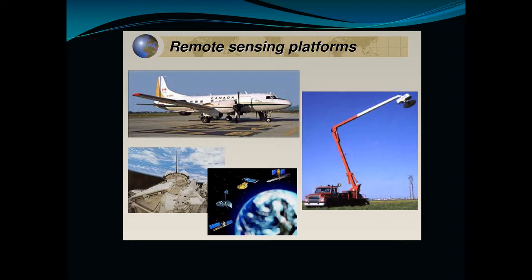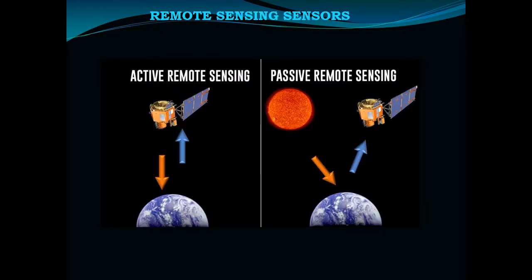Now, the remote sensing process has different components. One is the sun's energy, the source available for remote sensing data capture. When the energy comes from the sun to the Earth's surface, in between it has atmospheric interaction in the form of scattering and absorption.